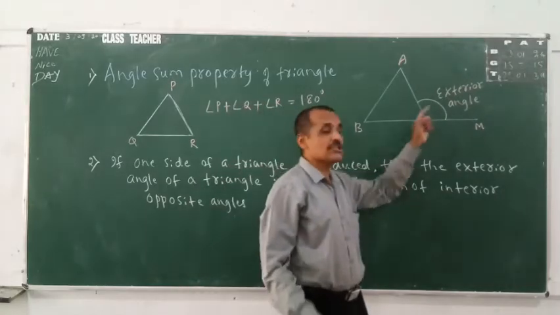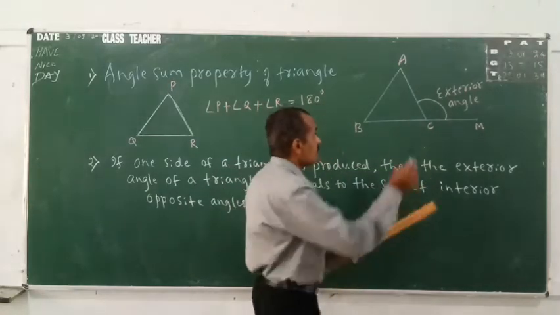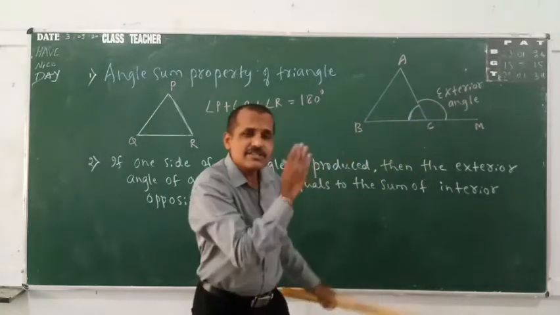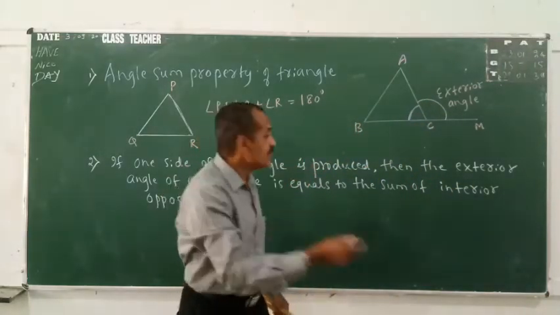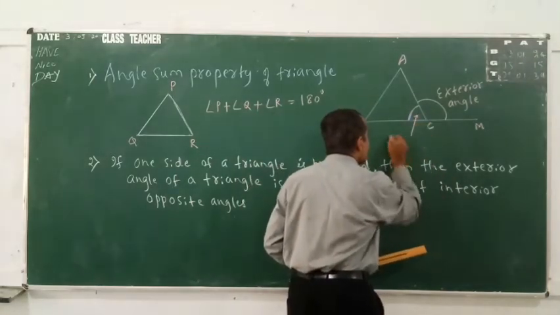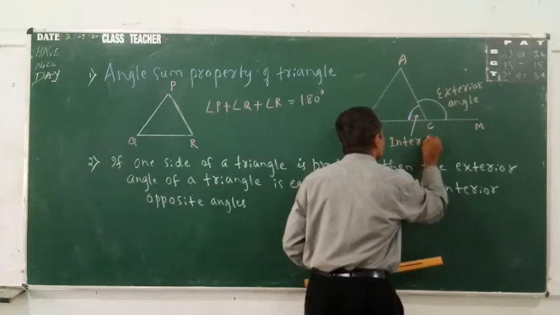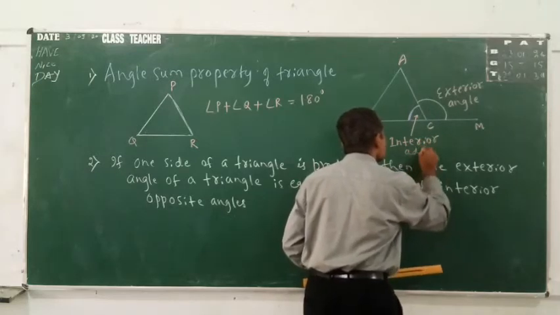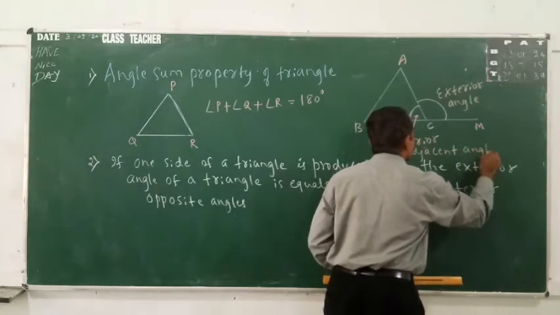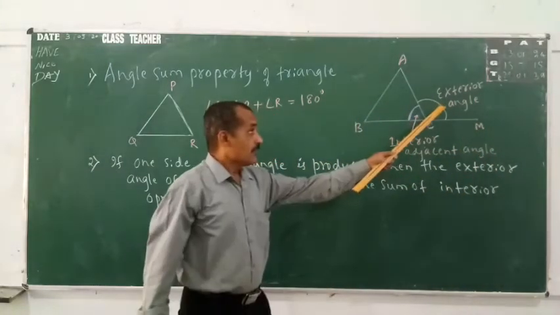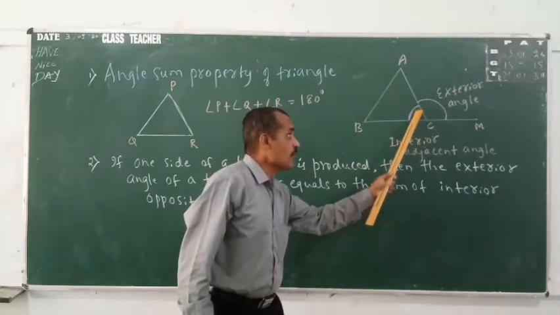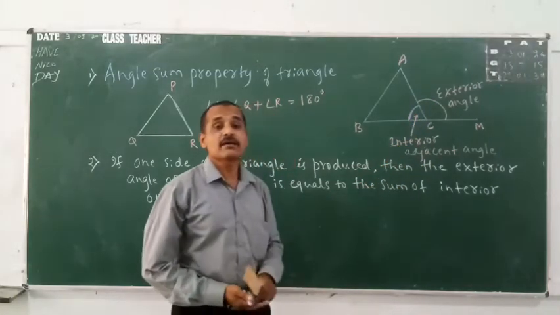And my dear children, the angle which is just adjacent to the exterior angle is called the interior adjacent angle. The angle which is just beside the exterior is called the interior adjacent angle.